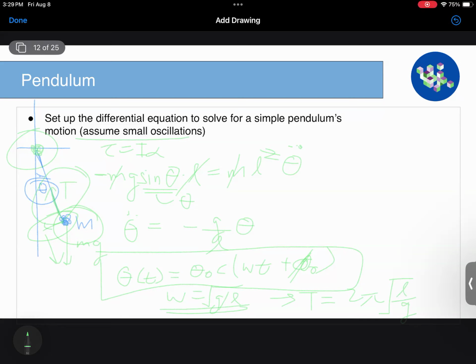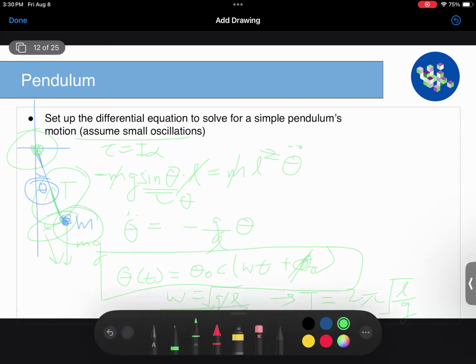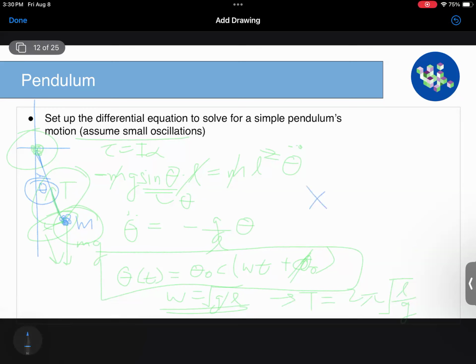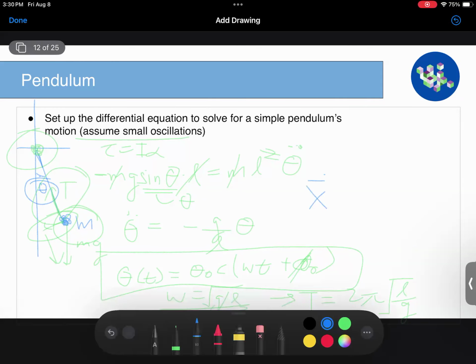It looks identical to the spring differential equation. Remember, in a regular simple harmonic oscillation for a massless spring, we had x double dot equals negative k over m times x.